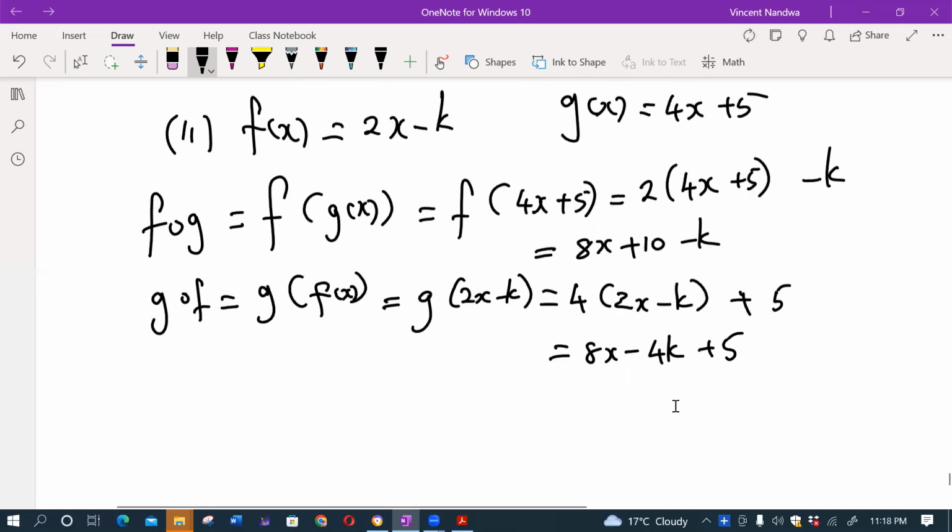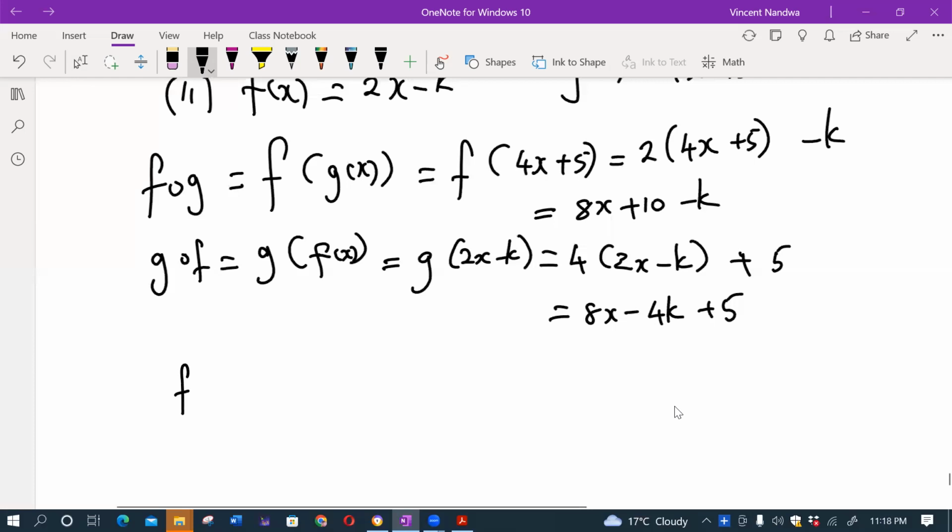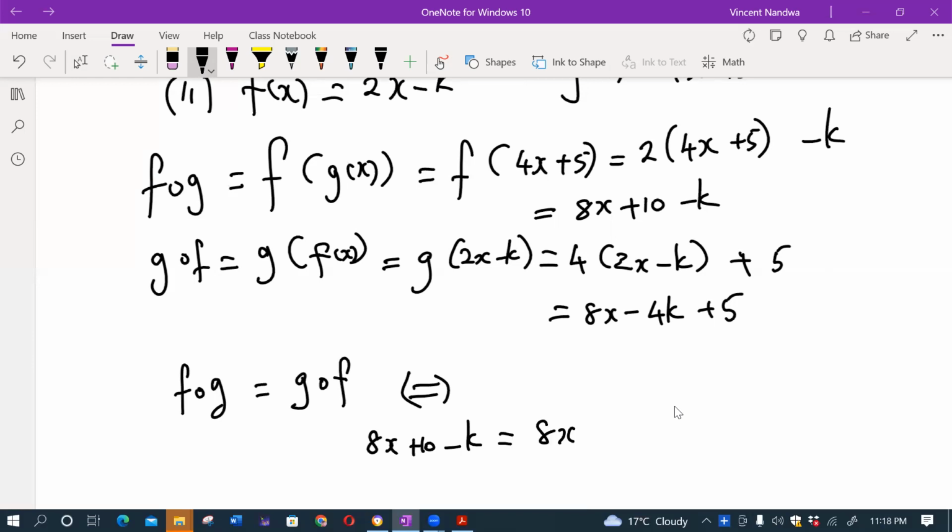But the claim in this problem is that f composed with g is the same as g composed with f. So this will mean 8x plus 10 minus k equals 8x minus 4k plus 5.